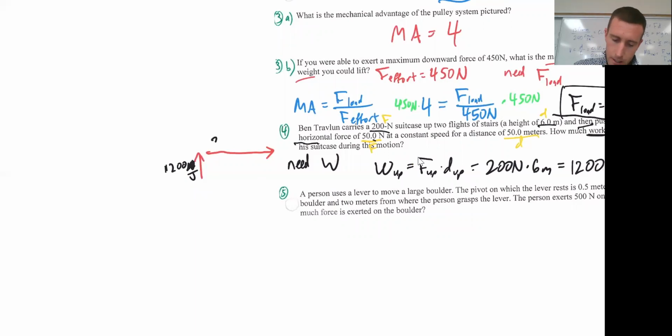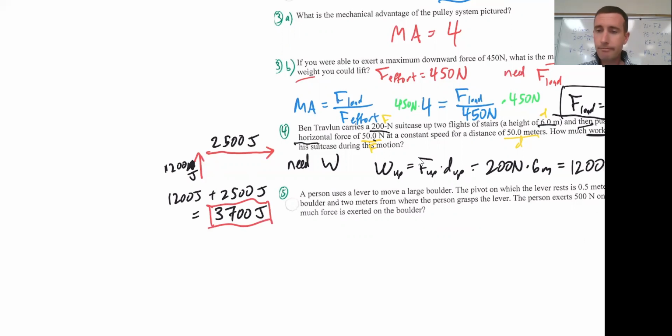And up here, 2,500 joules. Okay, so then what's my total work? I'm going to take the two sections and add them together. I did 1,200 plus 2,500 for a grand total of 3,700 joules. Yay! Good job, Ben.